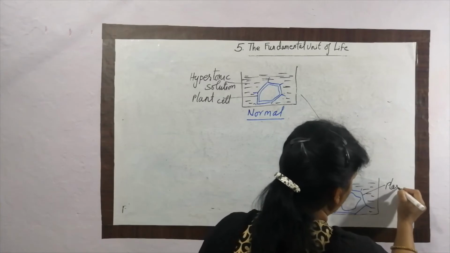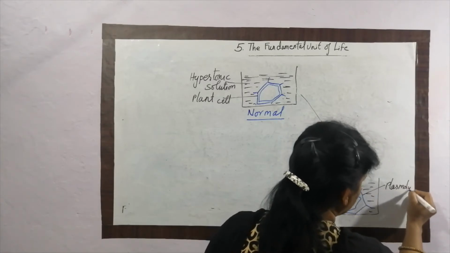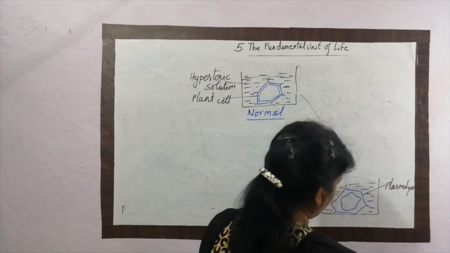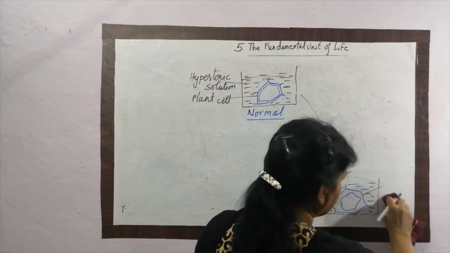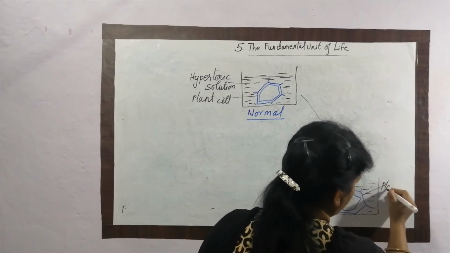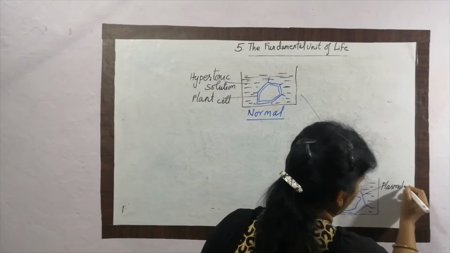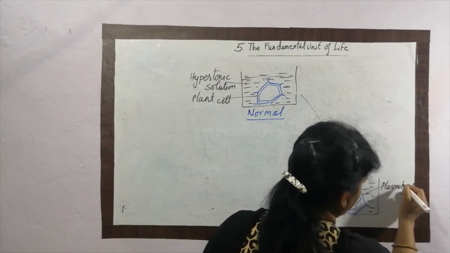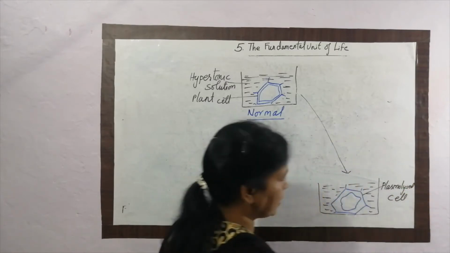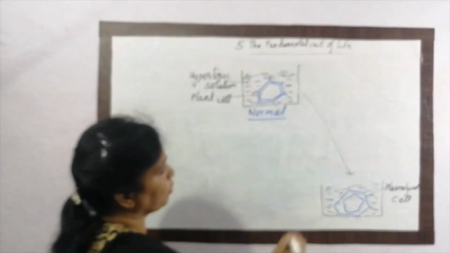We call it plasmolysed cell. Okay, हमारा सेल plasmolysed हो गया and the process is called plasmolysis.